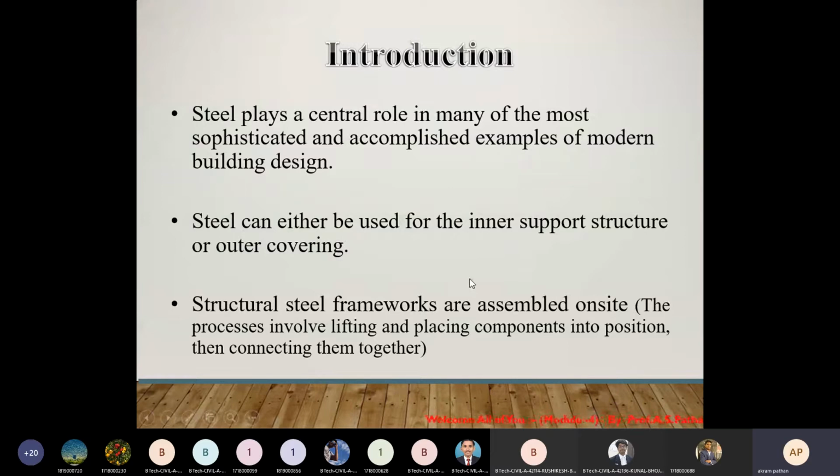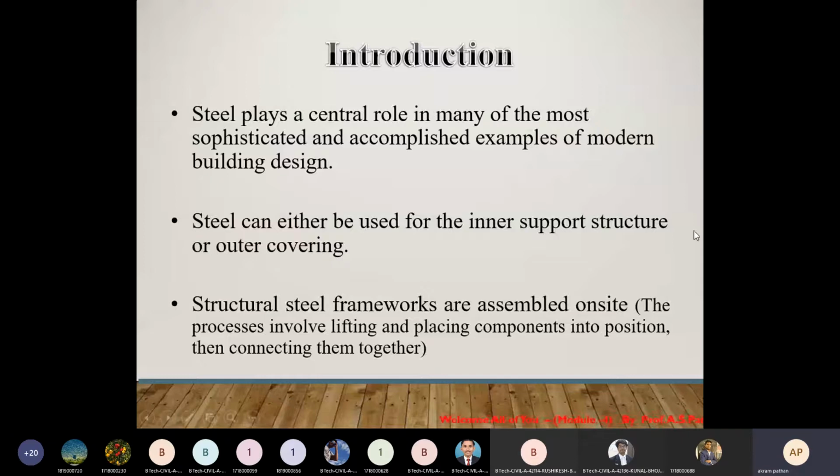Then the steel can be used either for the inner support structure or the outer covering. So always remember that we can use steel for the substructure, or for the superstructure also. Everywhere we can utilize that particular technique of steel construction. Then the structural steel framework is assembled on site.